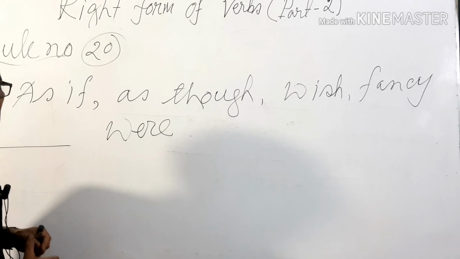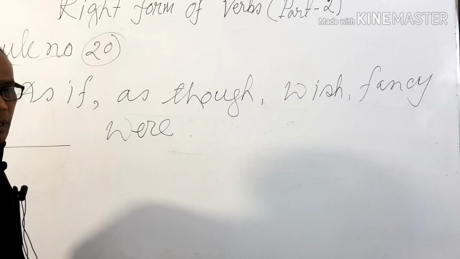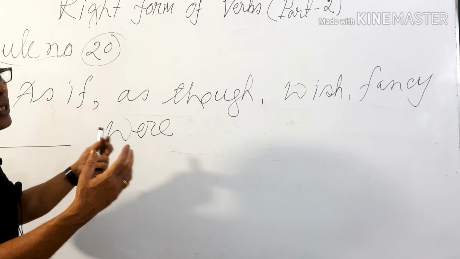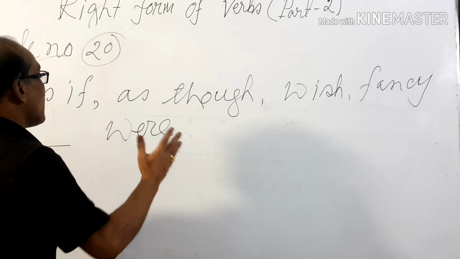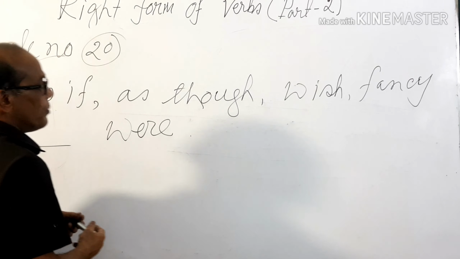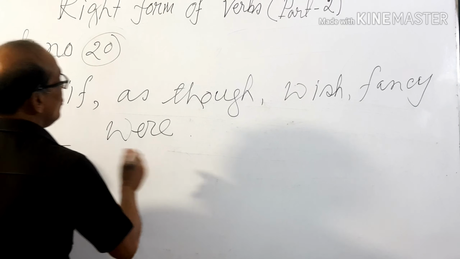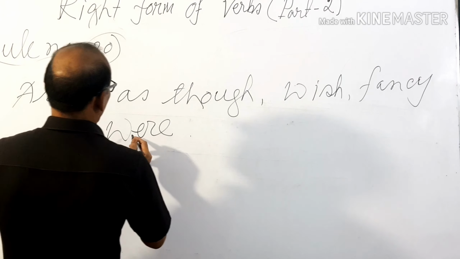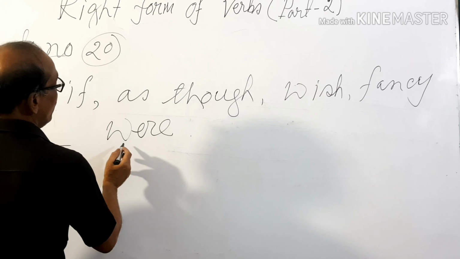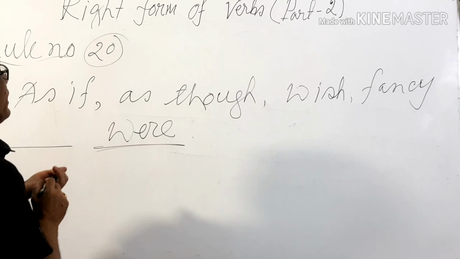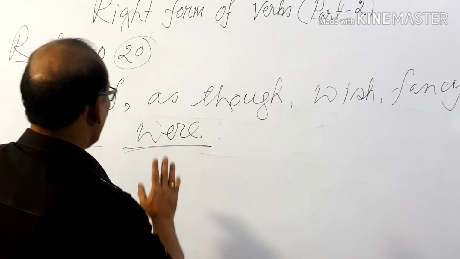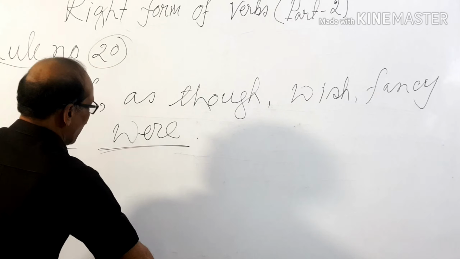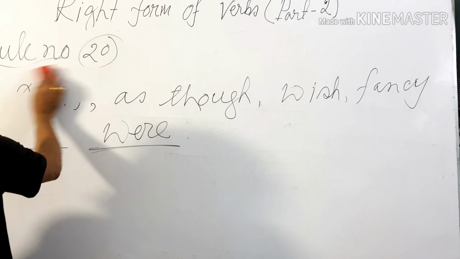So, in that case, whatever may be the subject, I, we, in the case of every type of subject, every number of subject, if it is to be verb, we'll have to use were. As if, let me give you an example. That means for every subject, only were will be used.